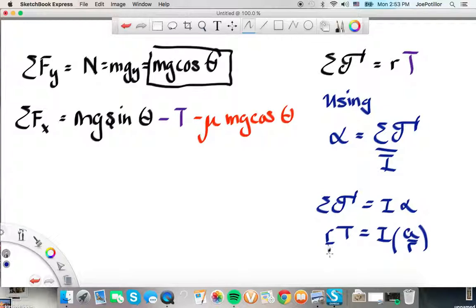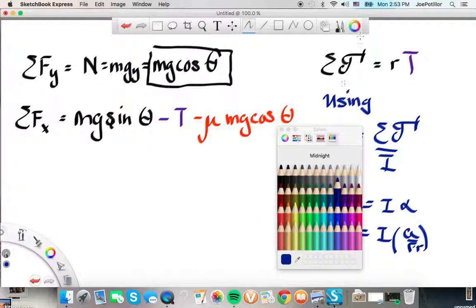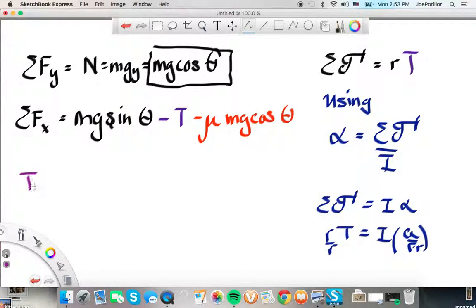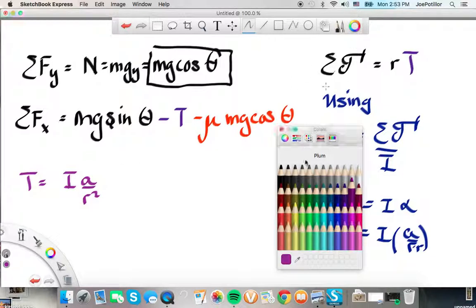And of course, if we divide by r, we end up with tension equals I times a over r squared.